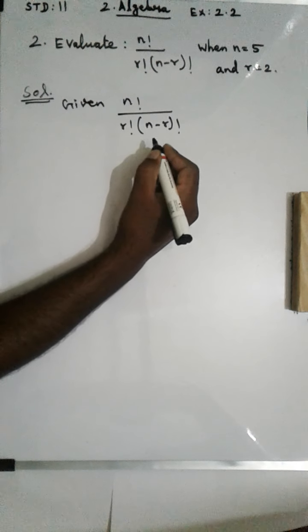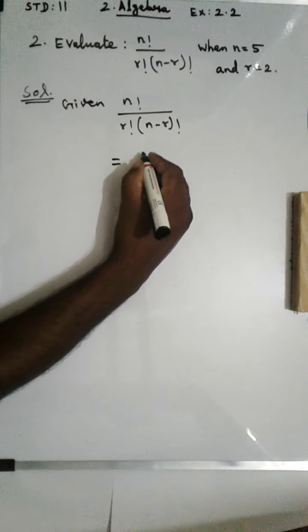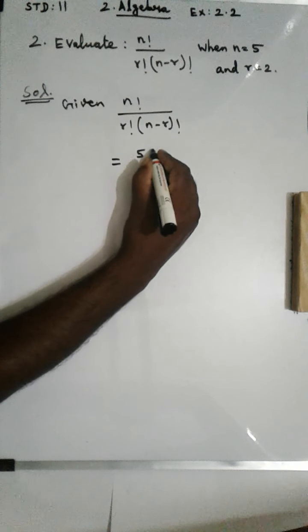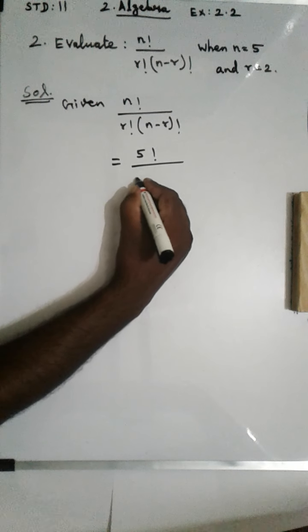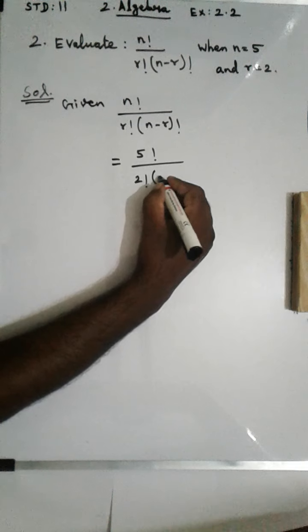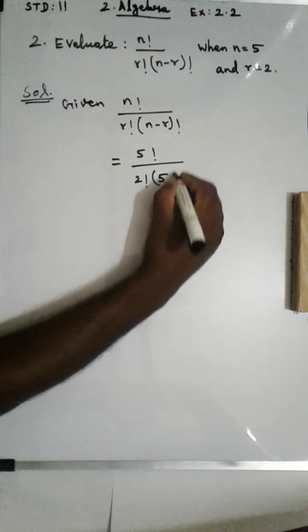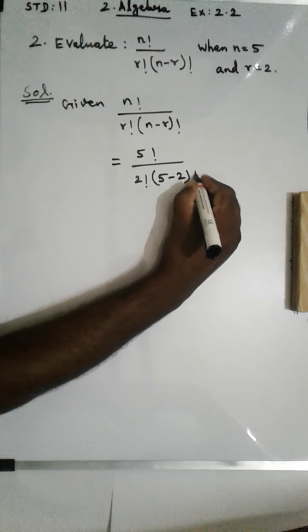We know that n equals 5, r equals 2. We should substitute this value here. n is 5 factorial divided by r is 2 factorial into n is 5 minus r is 2, factorial.